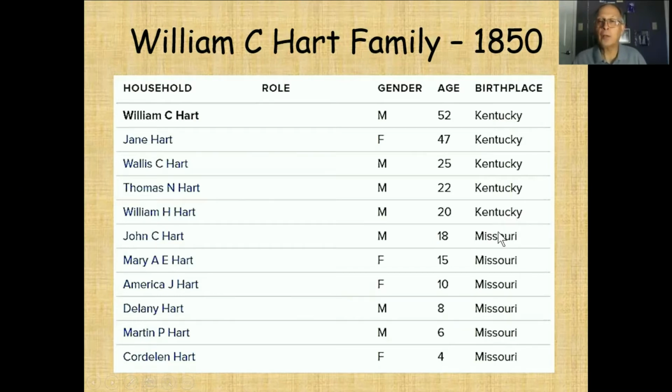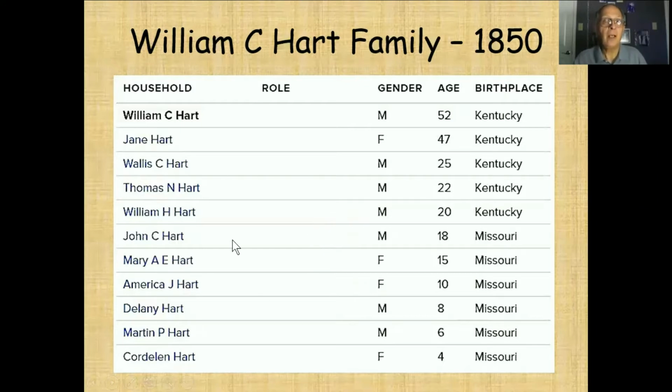And the next child was born in Missouri in about 1832. And all of the remaining kids were born in Missouri. So it looks like they left Missouri sometime after Coeur d'Alene was born, which would have been about 1846.